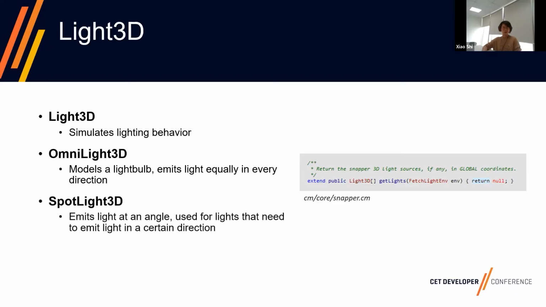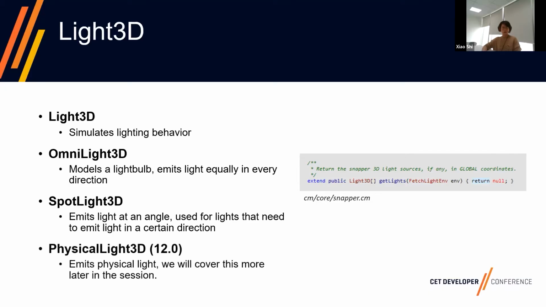We also have something called SpotLight3D. This one emits light and focuses it at one certain target. I think the name itself is pretty self-explanatory. It's just like a spotlight in real life. And apart from the OmniLight3D, you can also define the shooting angle and the cone width and so on and so forth.